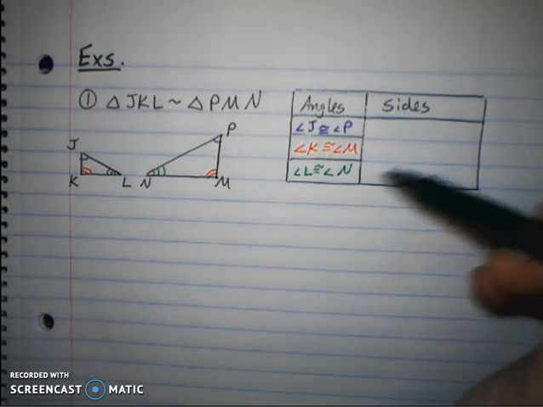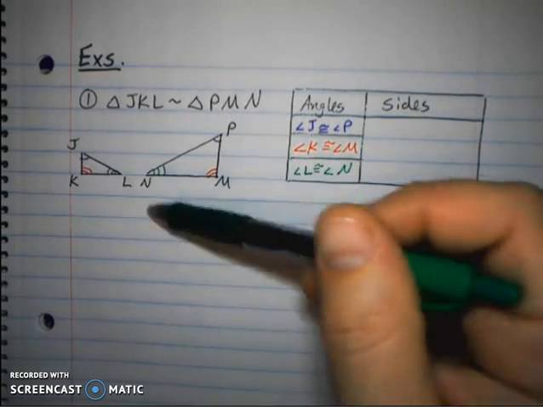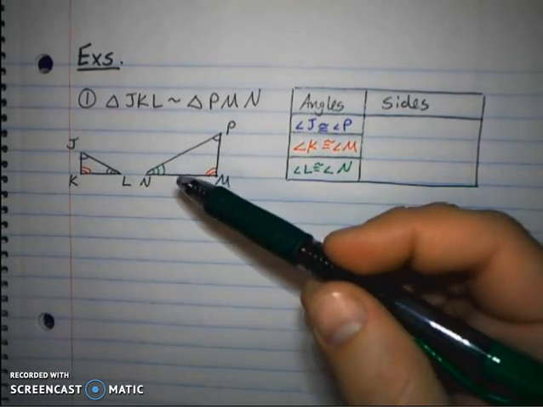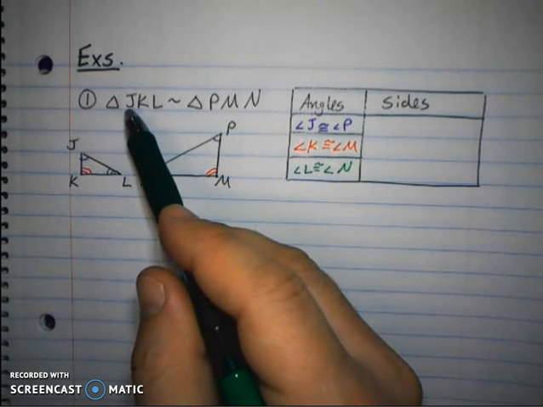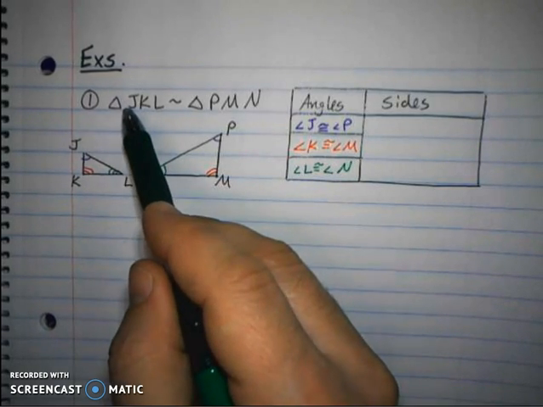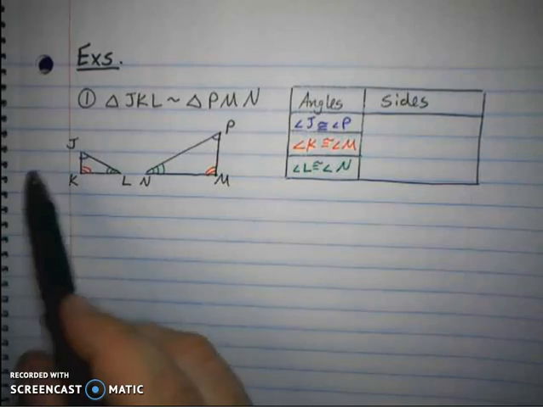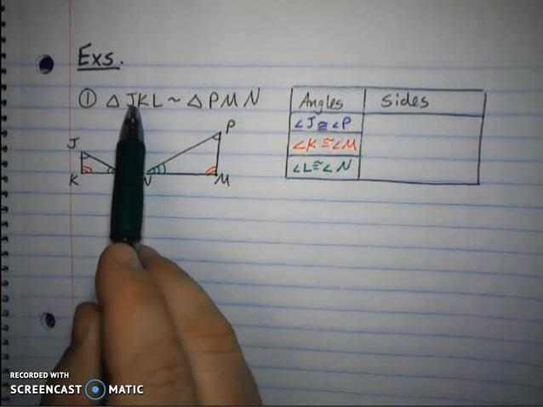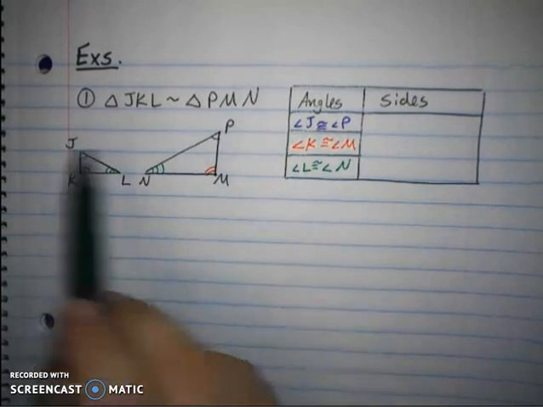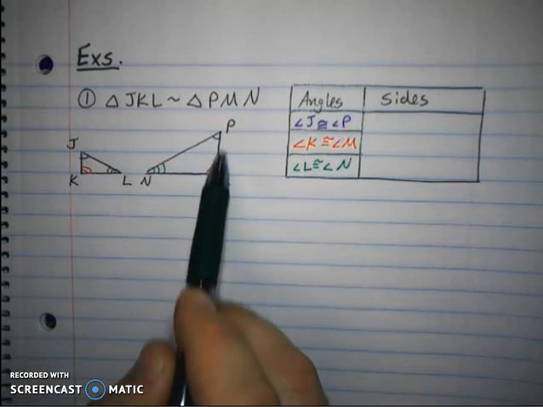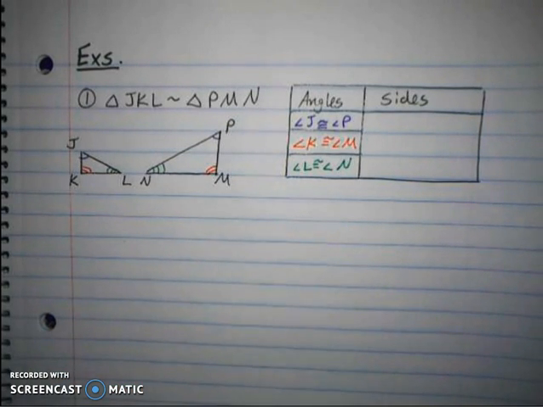Well, now we're going to list the sides differently. We don't have sides that are congruent, but they are proportional. And so what I'm going to do is match up corresponding sides in ratios. So the ratio of side JK to its corresponding side PM, JK goes with PM, so I'm going to write that like this.